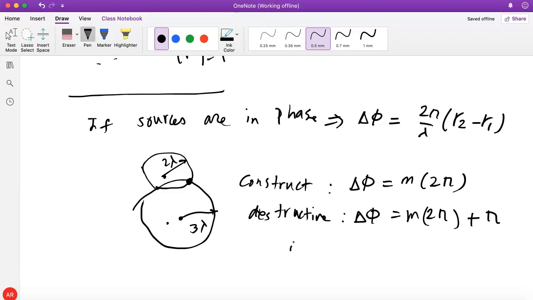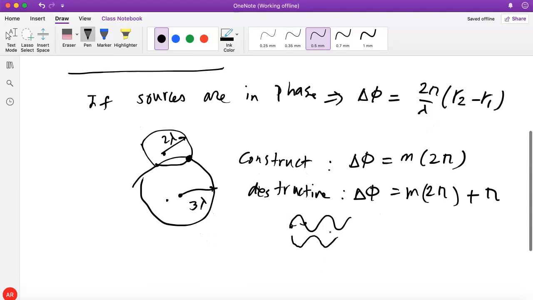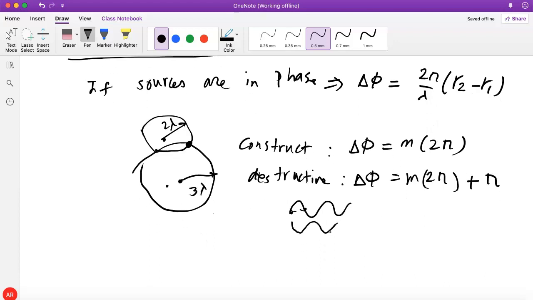When you shift the sine wave by pi, the phase changes by pi, so the waves are out of phase and completely cancel out. That's destructive interference. We played with a couple of examples trying to find the positions in space where we have destructive and constructive interference.